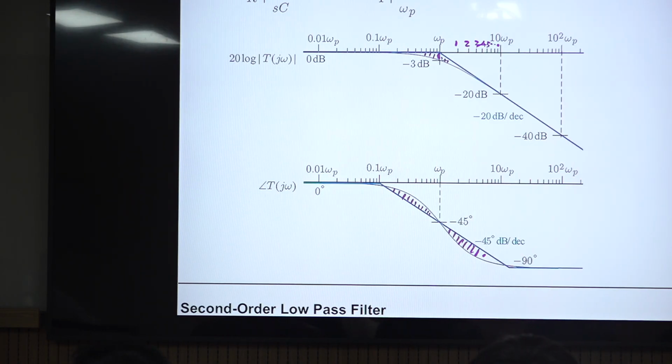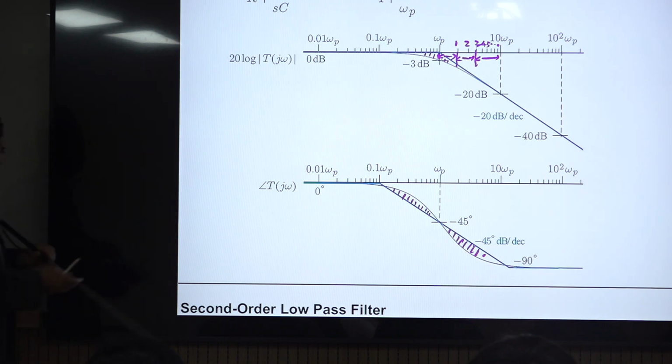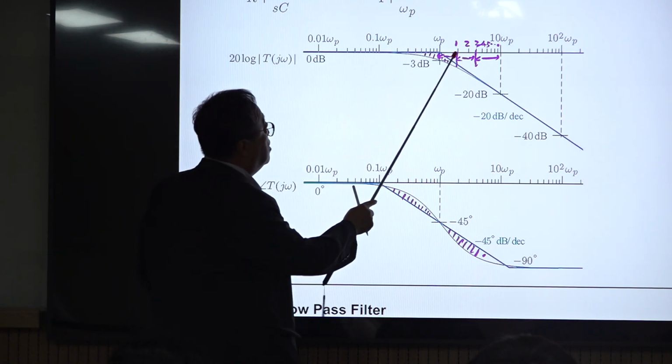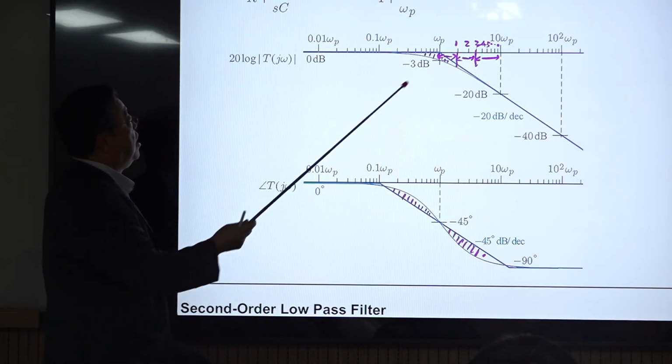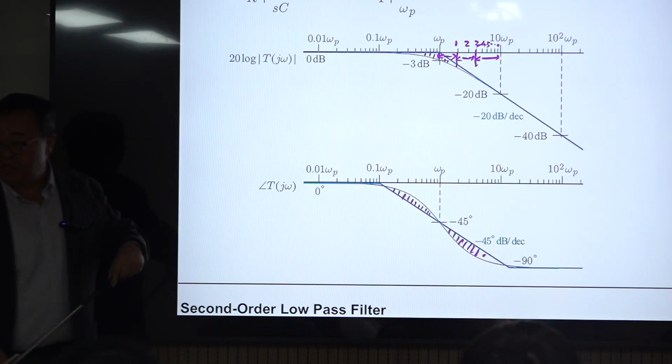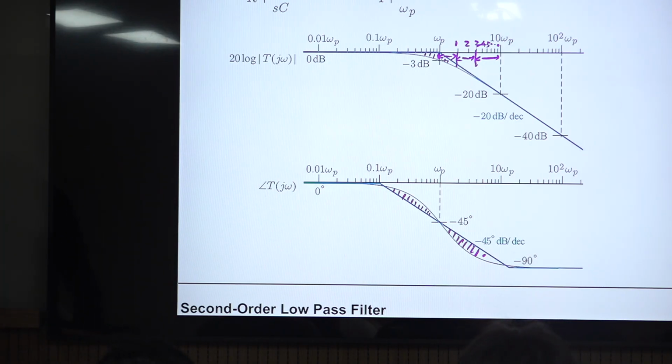If you compare distance, this is approximately the same. So this 1 decade is separated into 3 pieces. This is the 1, 3, and the remaining numbers are all packed together. Okay, so this is the Bode plot of this circuit.